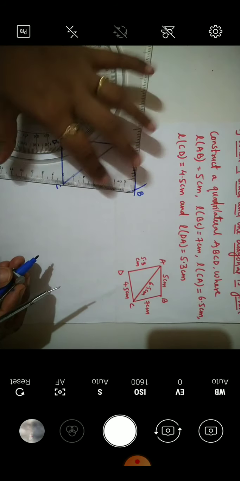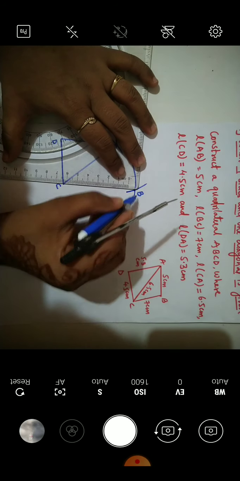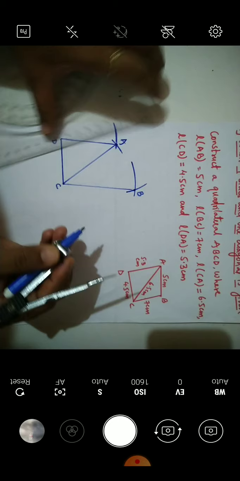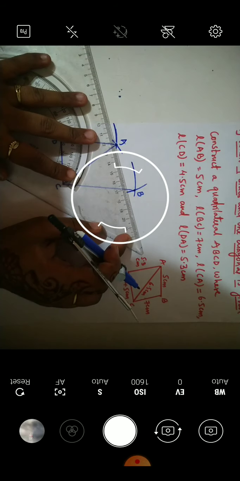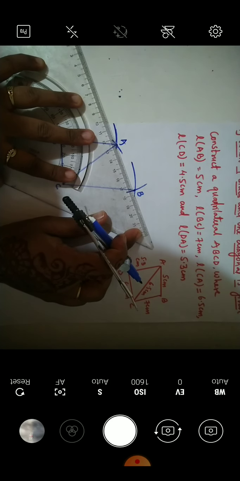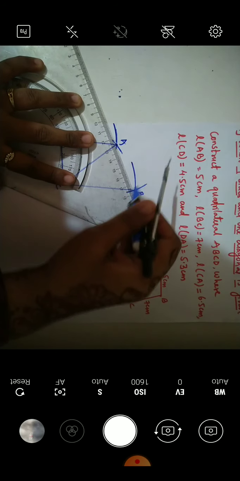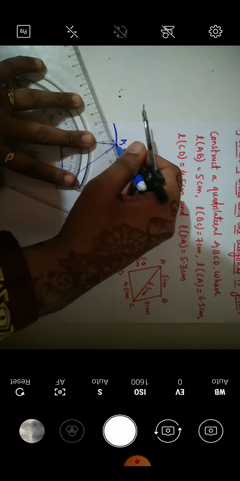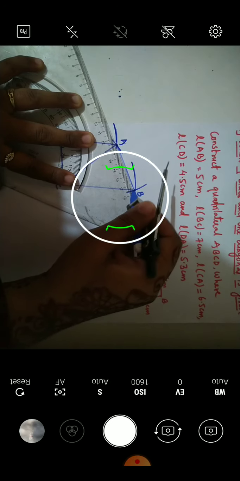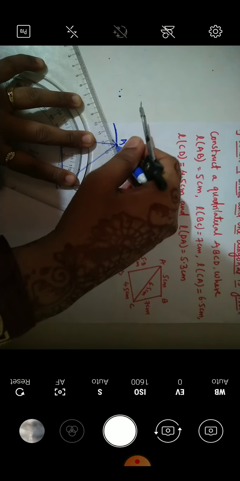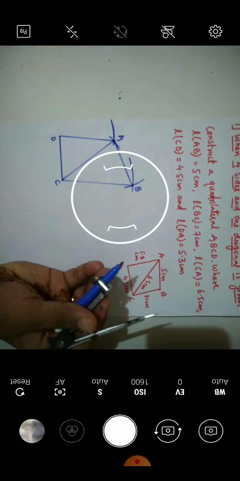This point of intersection would be my point B. So I will join B and C here, as well as point A and point B. Okay, so this is my quadrilateral which has been formed.